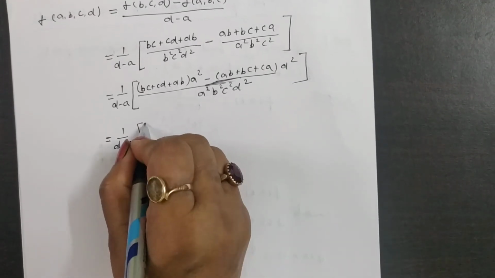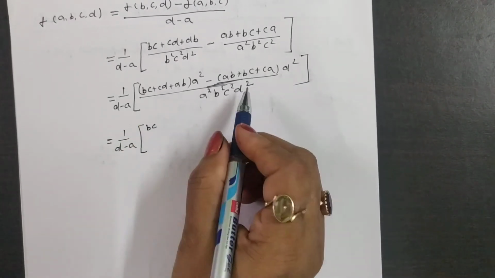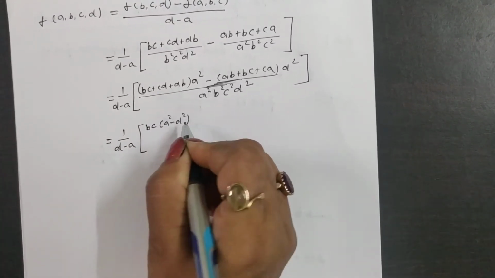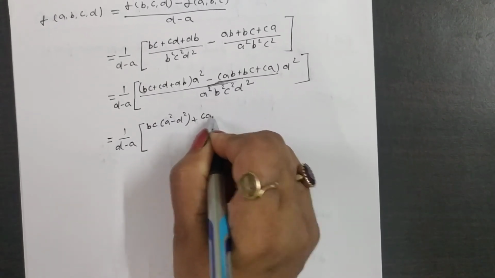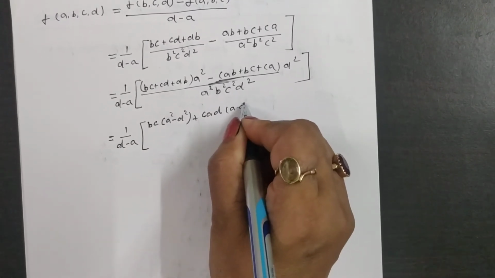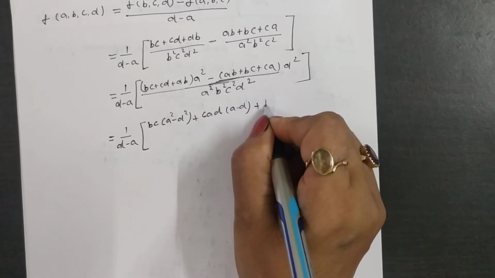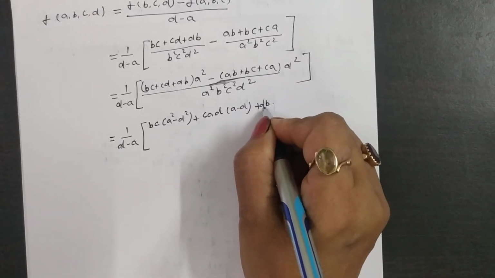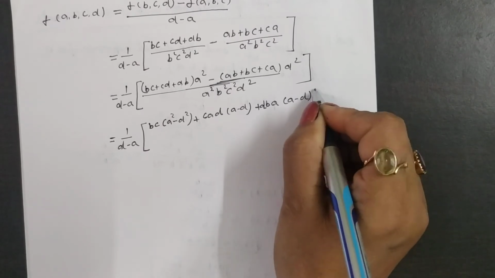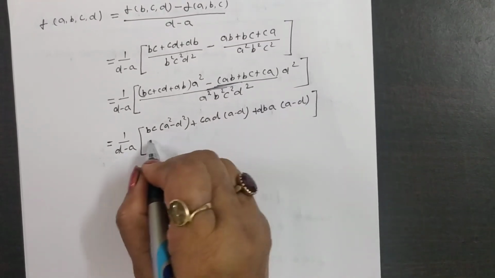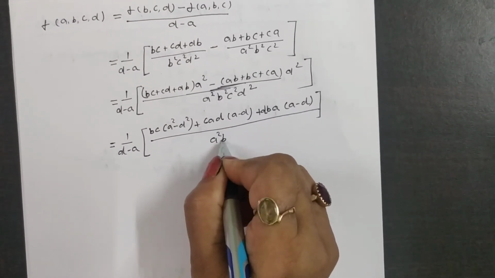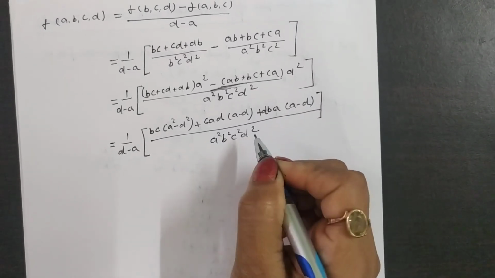So you can take bc, as bc is here and bc is here, this is a square minus d square, plus cad, this can be written as a minus d, and plus dba, and here again is a minus d, divided by a square b square c square and d square.